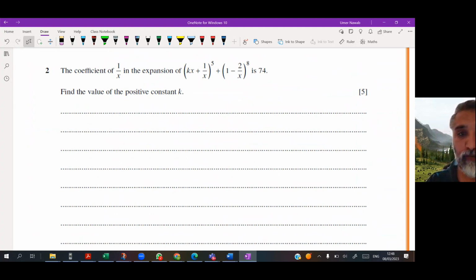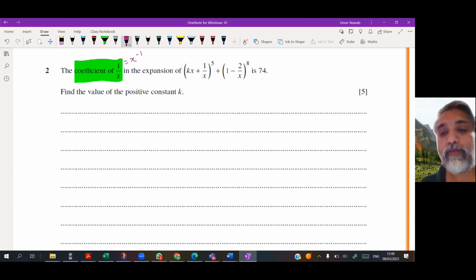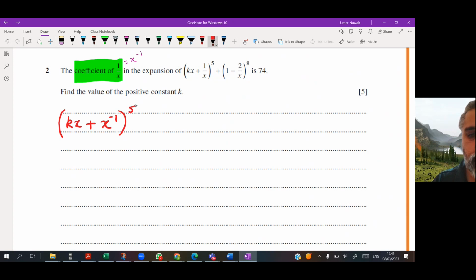The coefficient of 1 over x. The coefficient of 1 over x means I'm looking for x raised to -1, in the expansion of this, is 74. Let's have a look at (x plus x raised to -1) raised to 5.